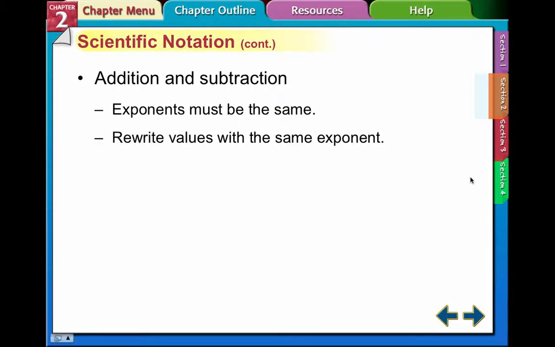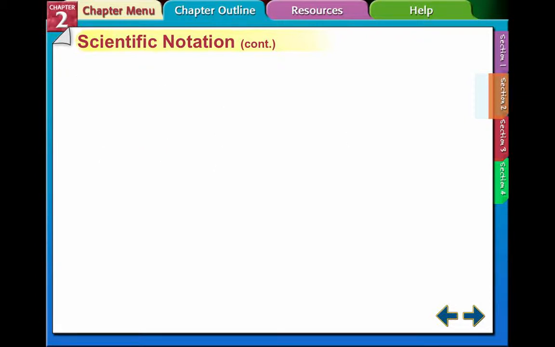It is a really good idea to put all of your numbers in scientific notation. It makes the mathematical functions a lot easier. When you're doing addition and subtraction, the exponents must be the same. So make sure all your exponents are the same, and then you just add or subtract your coefficients.